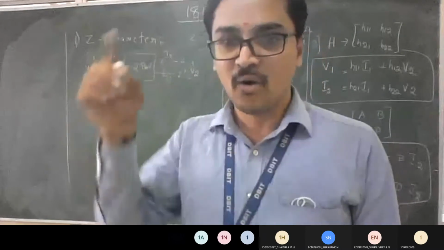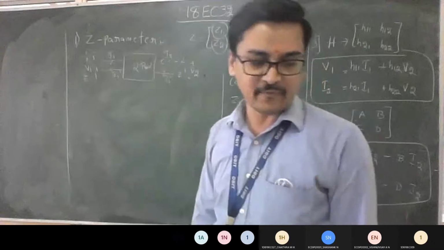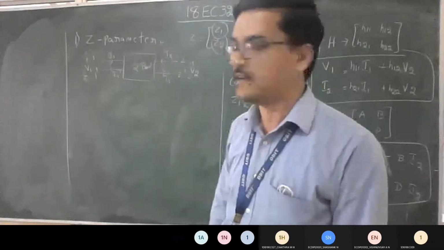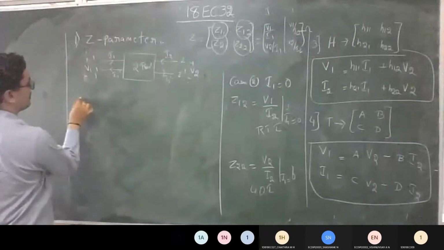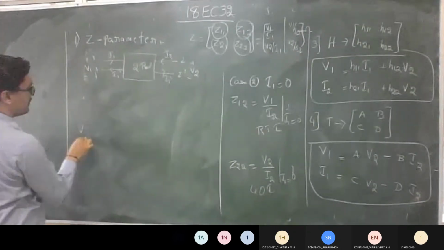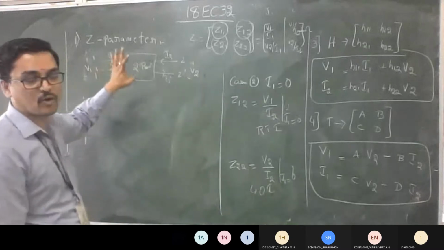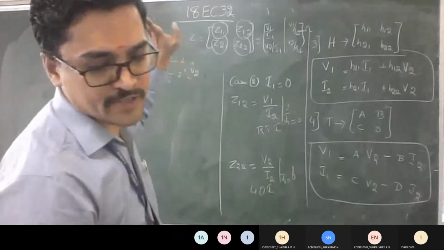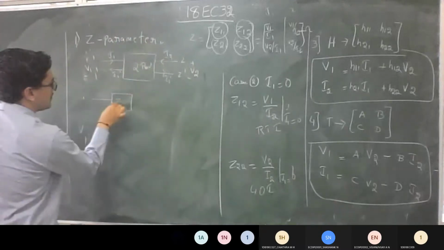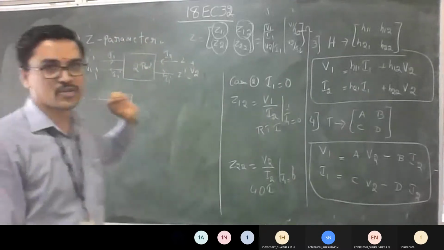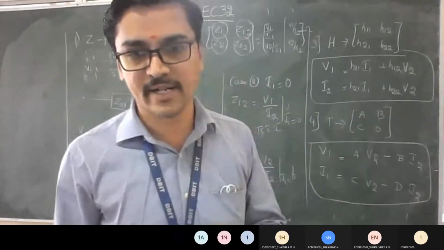So the logic is, what is inside that is called your equivalent network for your Z parameter. Always remember, whenever you write for Z parameter, the plus and minus V1 remain the same. Now, if you look here, it has 4 coefficients, right? Out of the 4 coefficients, what is there towards the input side? It says Z11. Everyone remember the logic of the practical voltage source and practical current source.